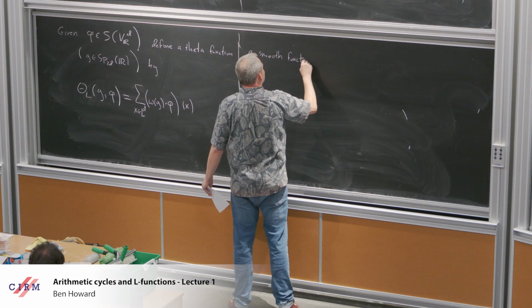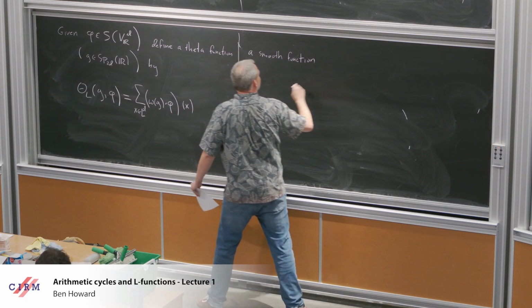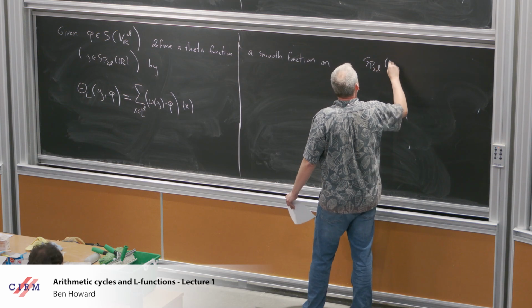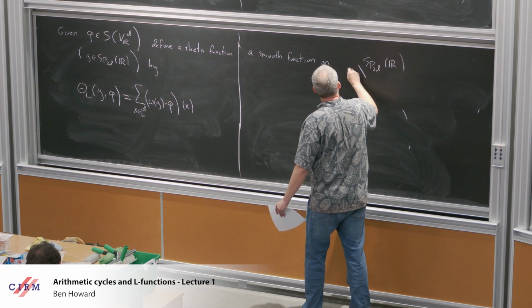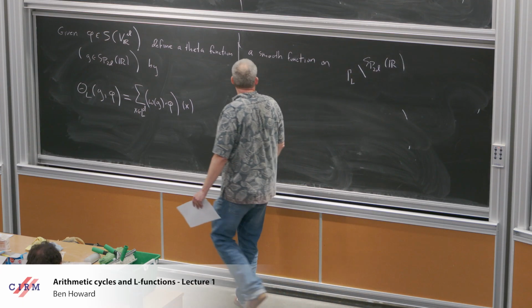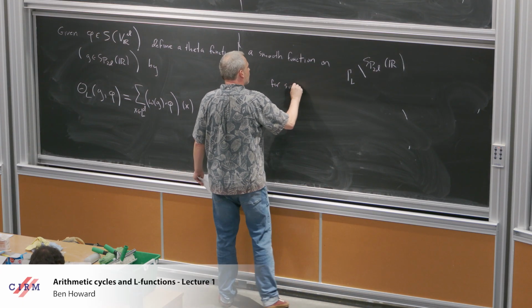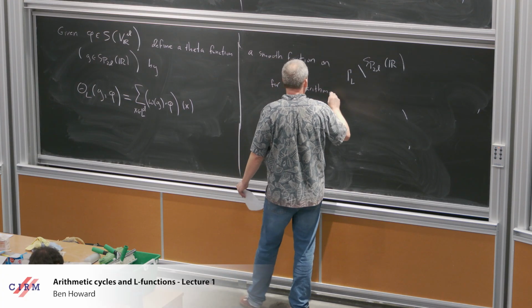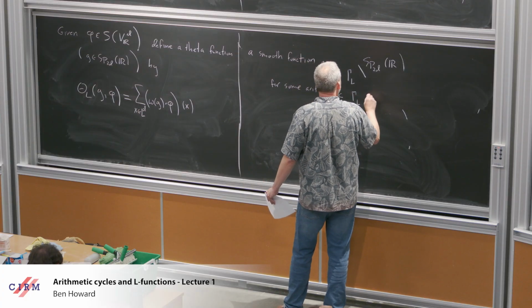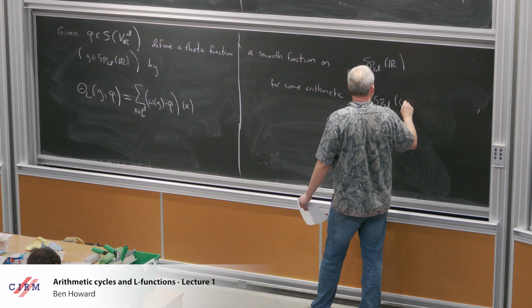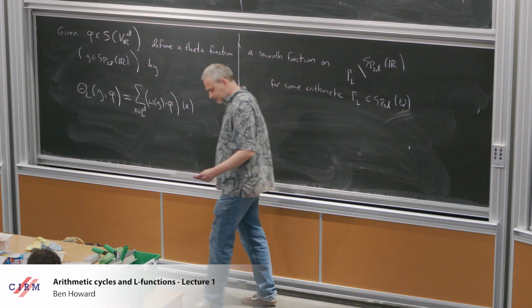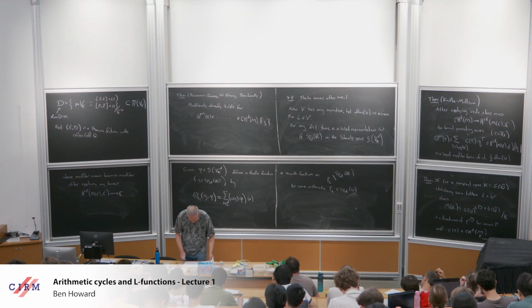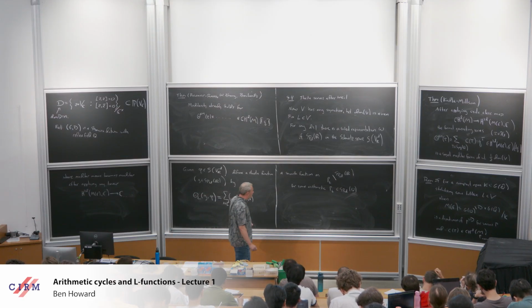So you do some calculations, at some point you invoke Poisson summation, and you can show that this function on the symplectic group is left invariant under the action of some arithmetic subgroup that depends on the lattice L, but not on the Schwartz function. Well, what do you do with that?